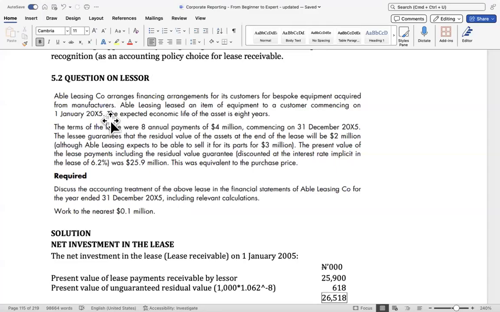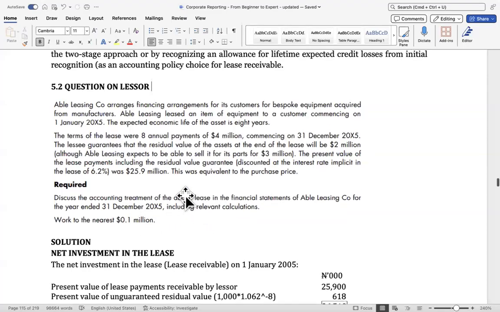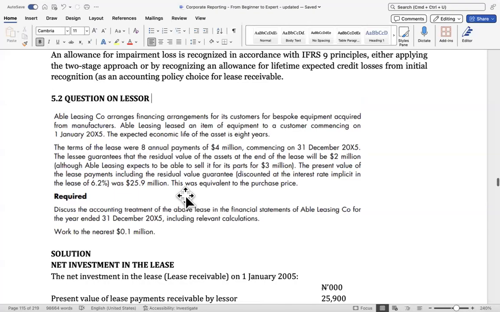The lessee guarantees that the residual value of the asset at the end of the lease will be 2 million, although Able Leasing expects to be able to sell it for 3 million. The present value of the lease payments, including the residual value guarantee, was 25.9 million. This was equivalent to the purchase price required. Discuss the accounting treatment of the above lease in the financial statements of Able Leasing for the year ended 31 December 2005, including relevant workings. Okay, so the main point here is this.